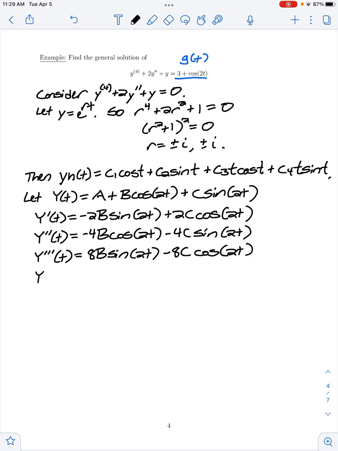And then lastly, for the fourth derivative, we have 16b cosine of 2t plus 16c sine of 2t.